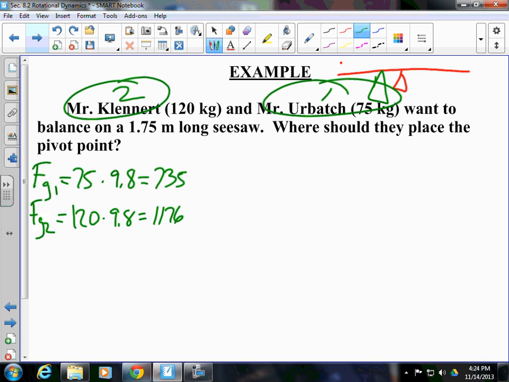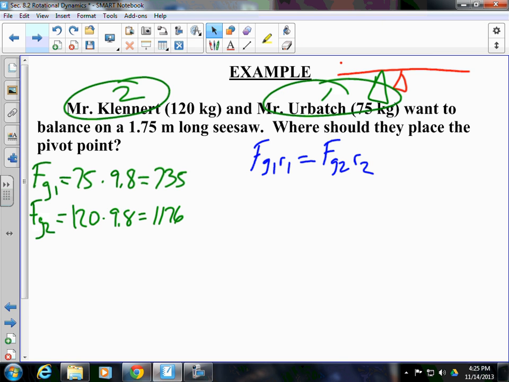We're halfway there. Because if we use the equation Fg1R1 is equal to Fg2R2, we don't have either R. All that was given to us is that the seesaw is 1.75 meters long.